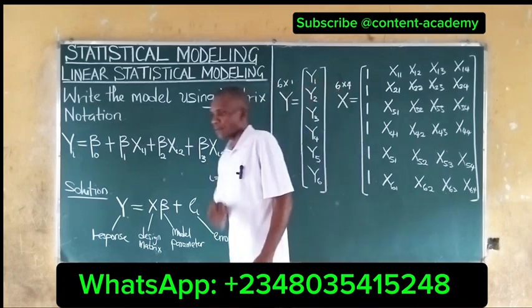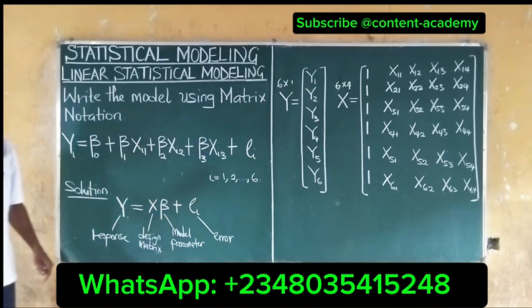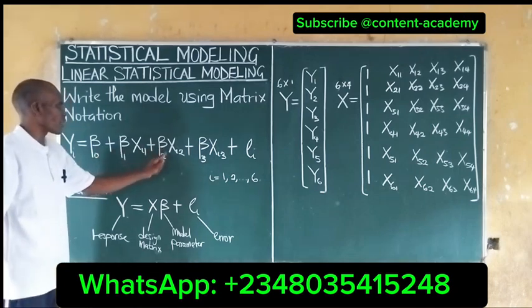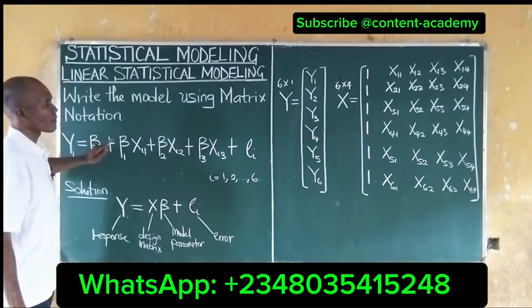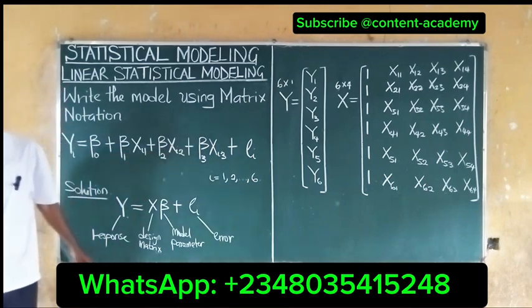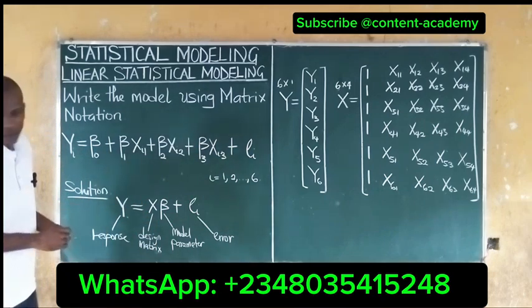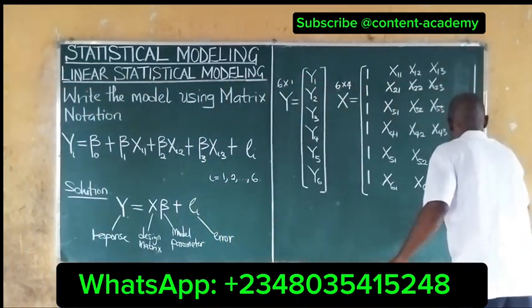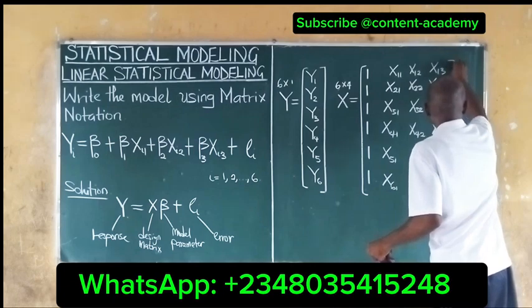How about our B? What will our B be? If we come from our model, we have 1, 2, 3, 4. That is what we get. Our matrix is a 6 by 4 matrix.